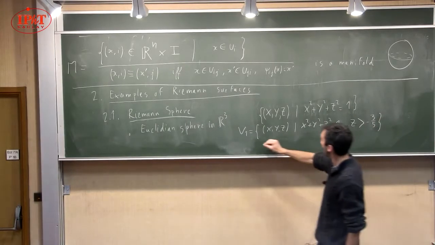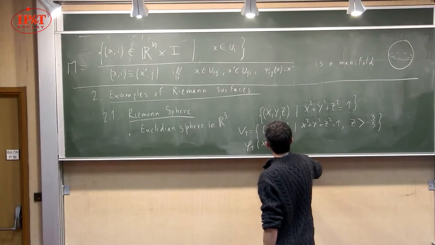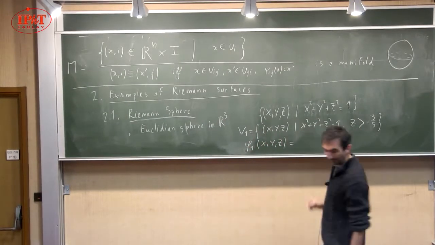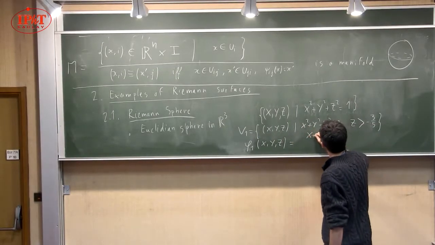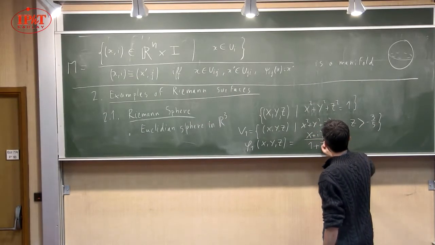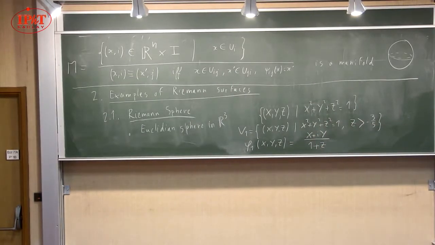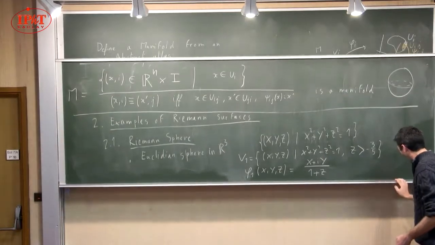And phi 1 of (x, y, z) will be (x plus i y) over (1 plus z).